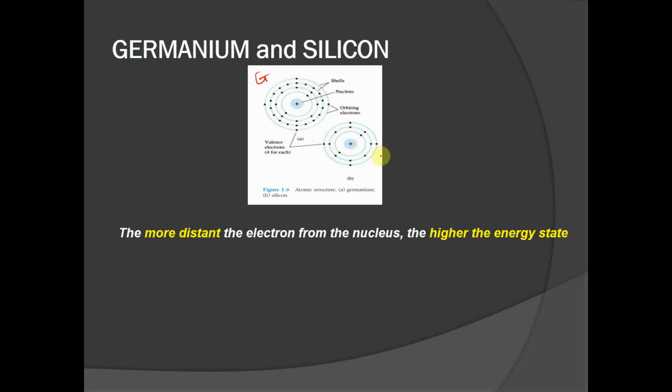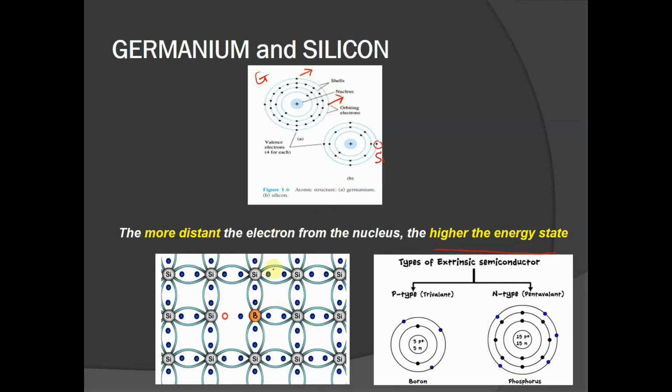Here, this is the atomic structure for silicon. It is nearer to the nucleus. That's why it's a little bit harder for the outermost orbiting electron to give off. The more distance the electron is from the nucleus, the higher the energy state, so the electrons can easily move.